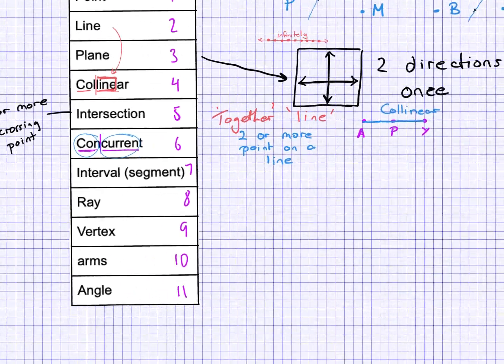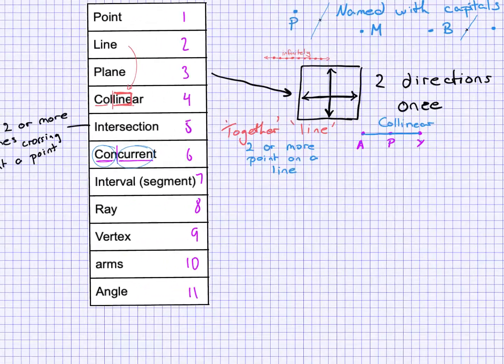And what that looks like is two or more lines meeting at one point. All right, so this red point in the middle here is called the intersection. So the point where they meet is the intersection. But the word we use to describe the lines is we say that all three of them are concurrent because they meet at one point.